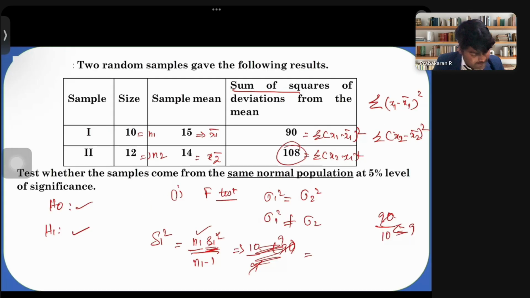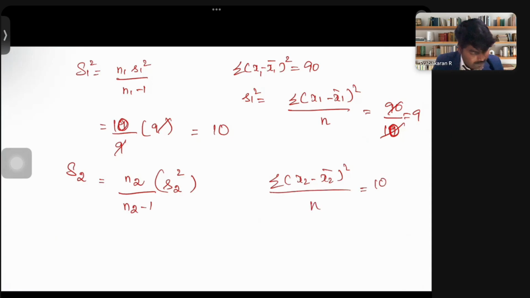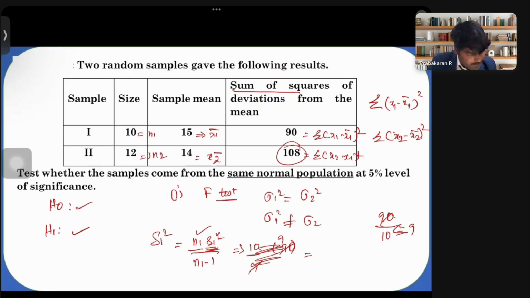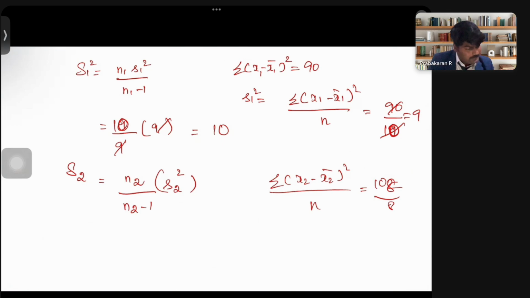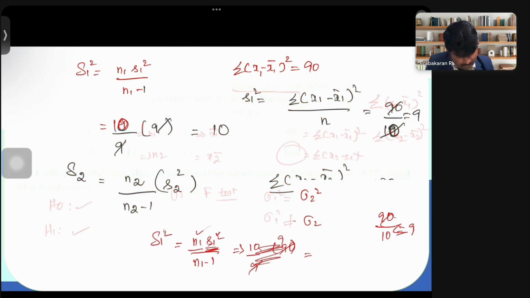We have to divide by the sample size, 108 by 12.